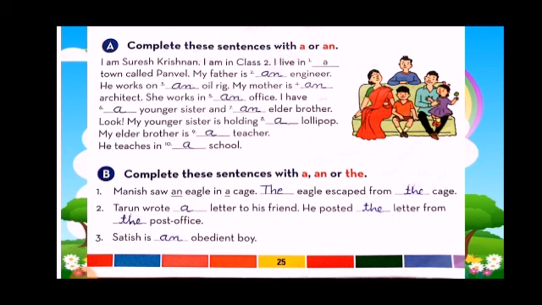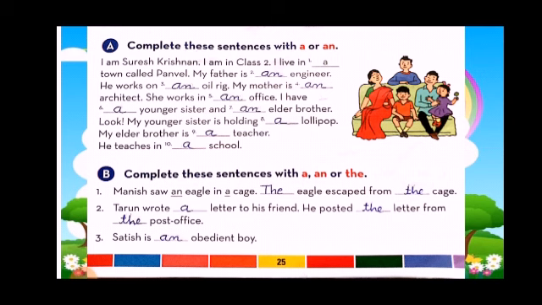I am Suresh Krishna. I am in class 2. I live in a town called Panvel. So students, here we used article A because the word town begins with consonant sound T. My father is an engineer.